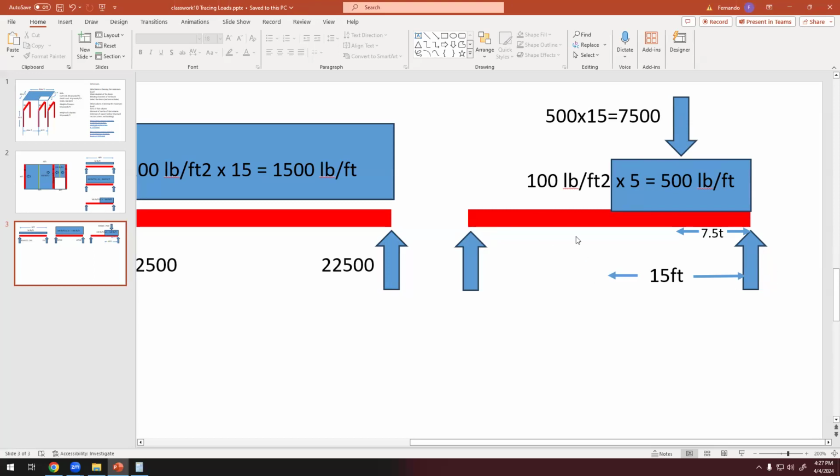And we have to apply moments. We can take moments at this point. So if we call this R1, then we call this one R2.